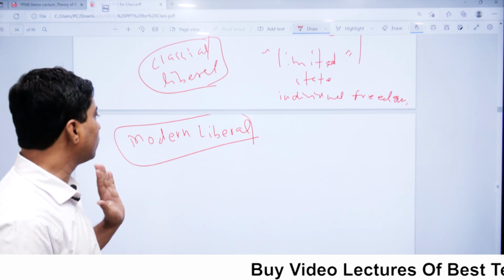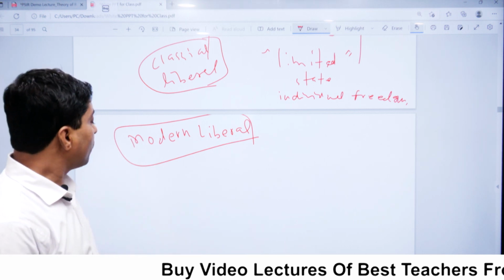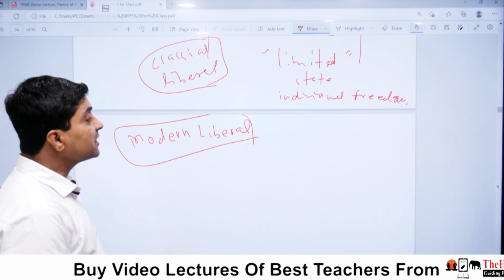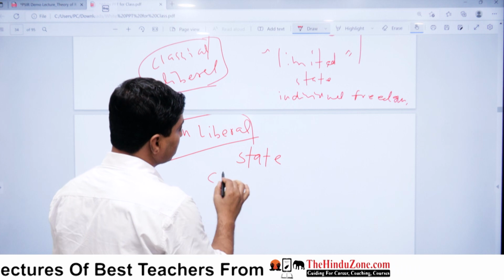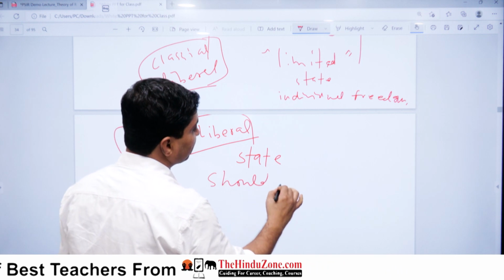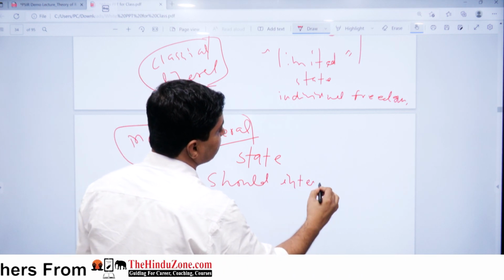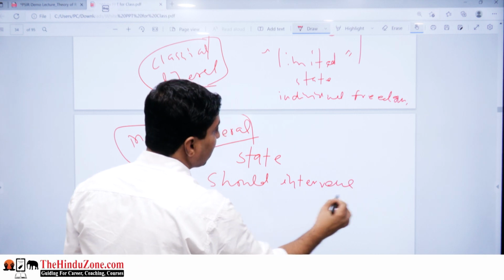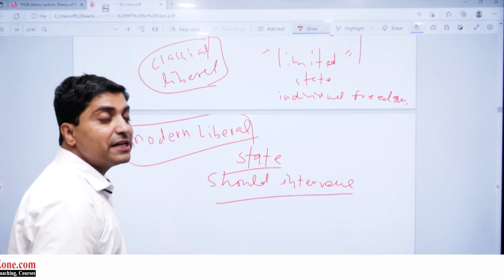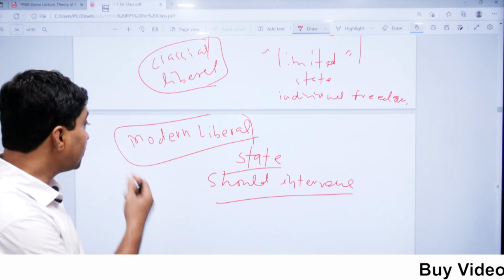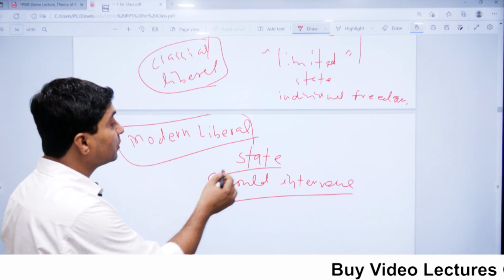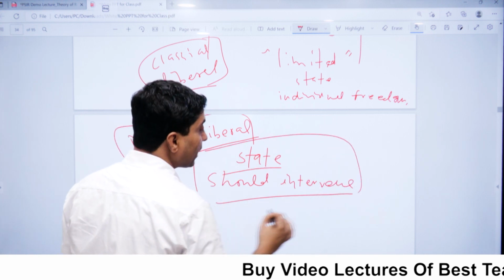Now look at the modern liberals. The modern liberals thought that no, a state should intervene. Individual rights should not be absolute, right? How should the state intervene? A state should intervene through certain welfare programs.